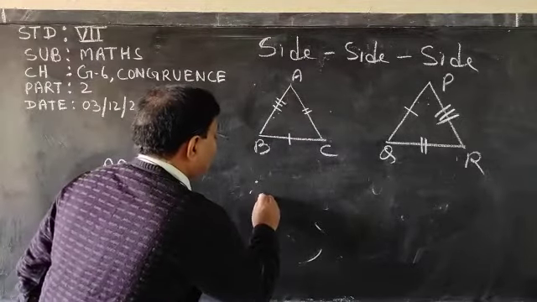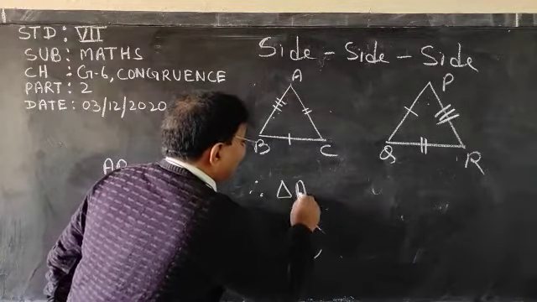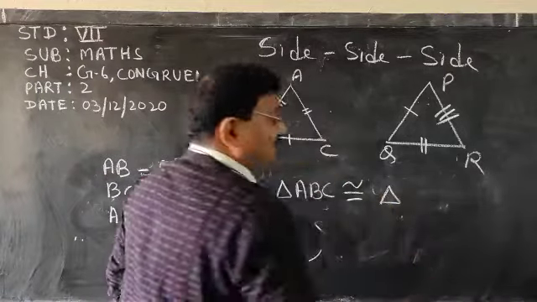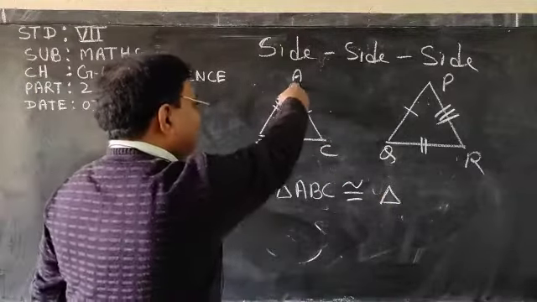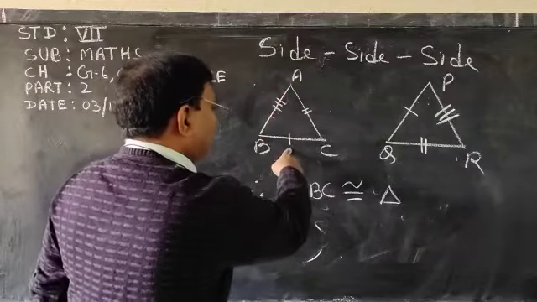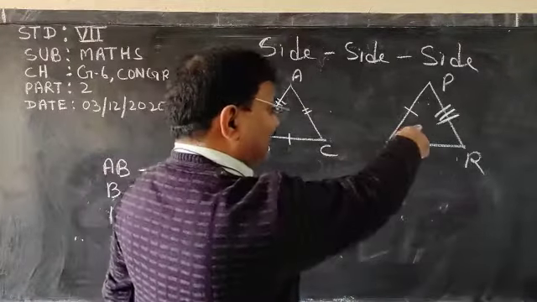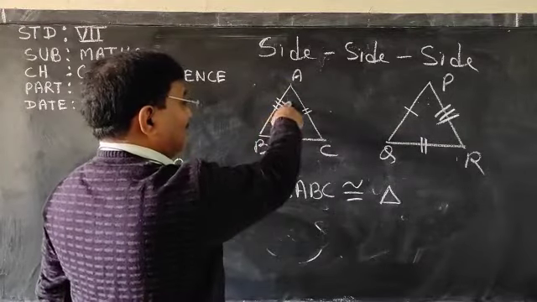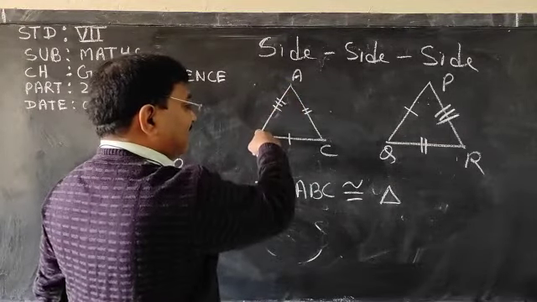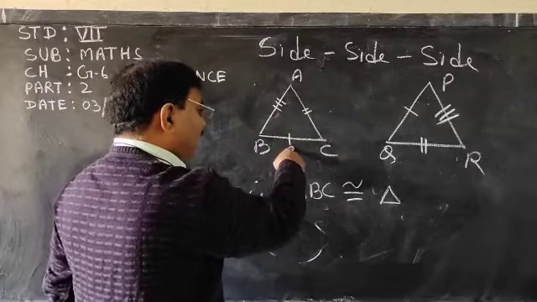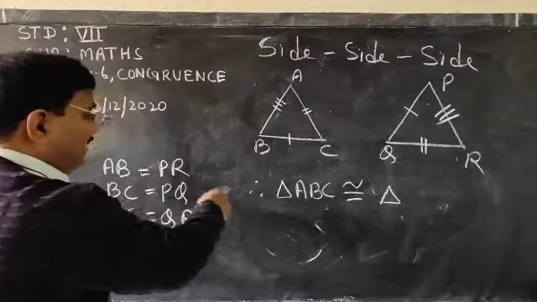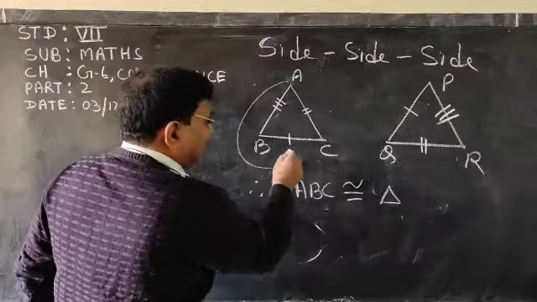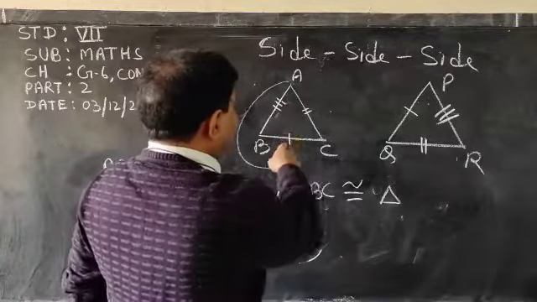Therefore, triangle ABC is congruent to triangle. Now name ABC starting from 3, 1, 2. So here also 3, 1, 2. See here the 3 dash side must be mentioned first, then 1, then 2, because you have written triangle ABC this way, ABC as 3, 1, 2.